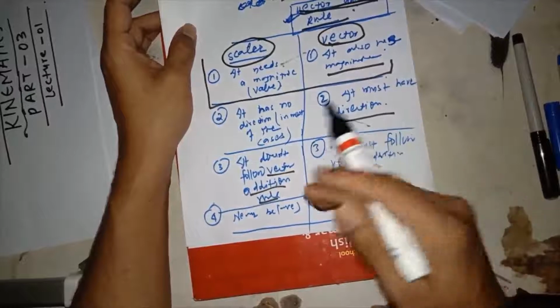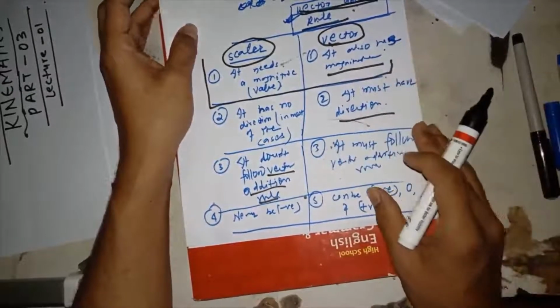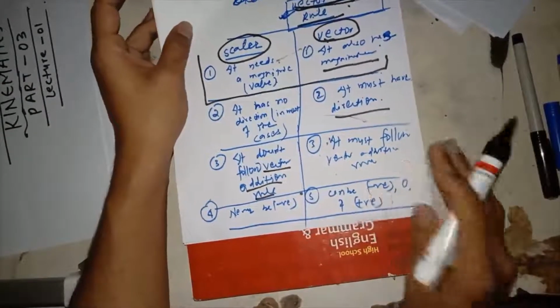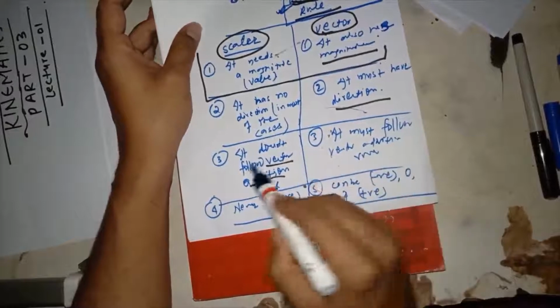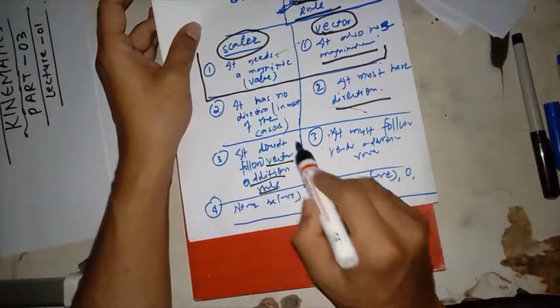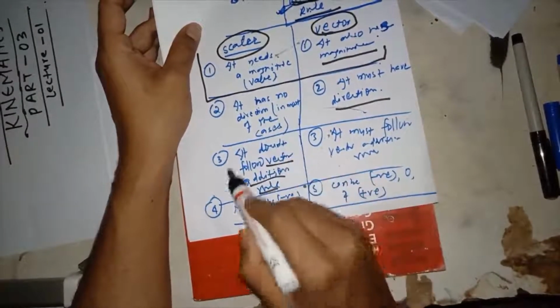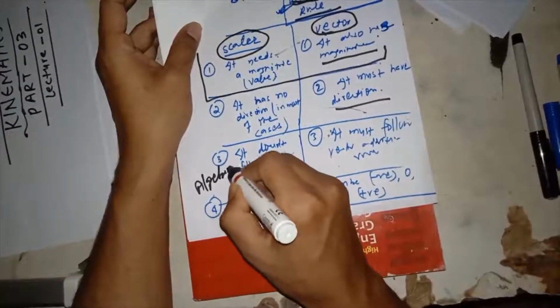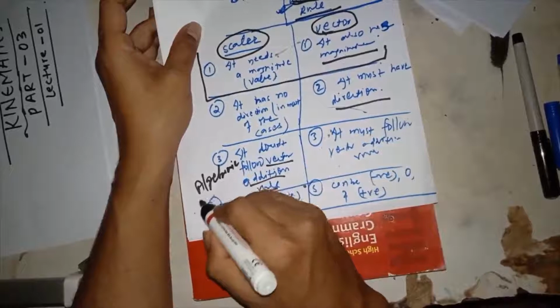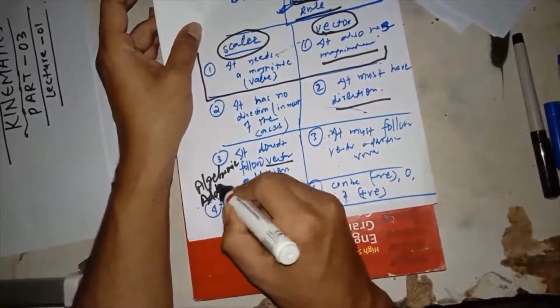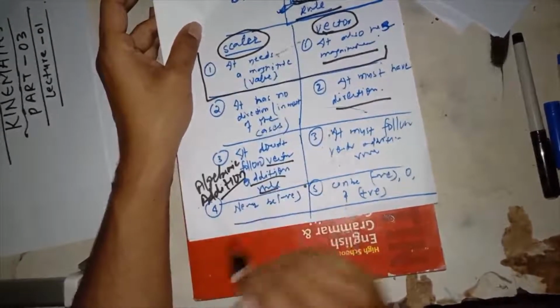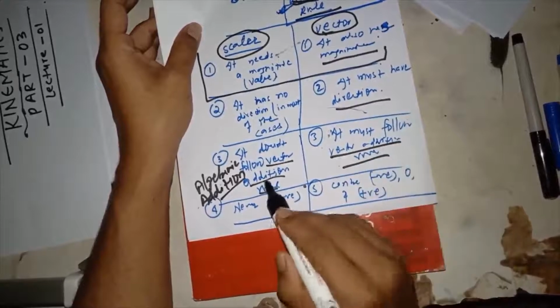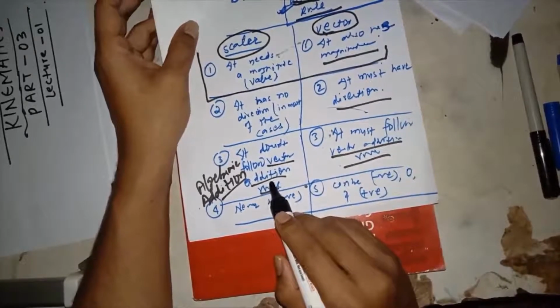We will study how the value changes after changing direction. But now here you can see that a scalar follows the algebraic addition rule, which means simple addition, but a vector follows the vector addition rule.